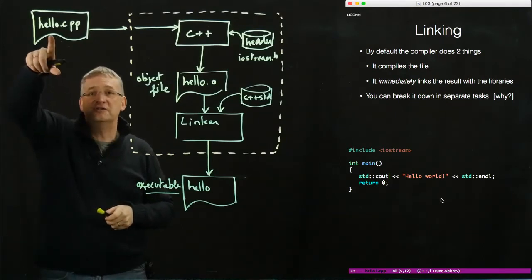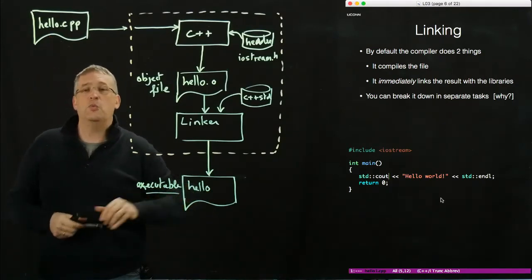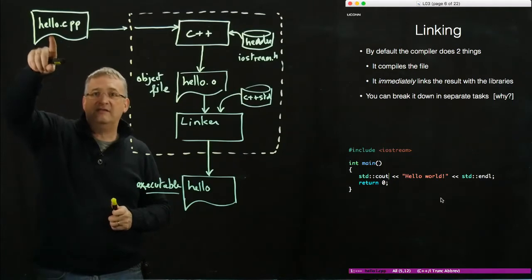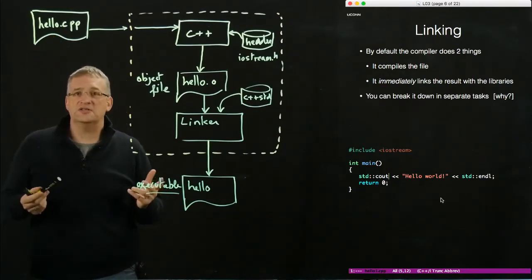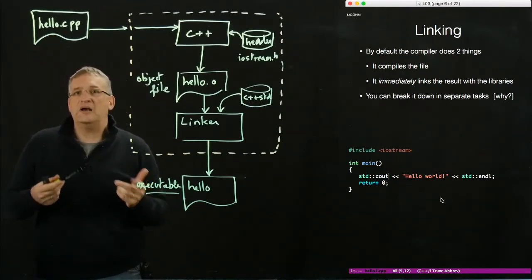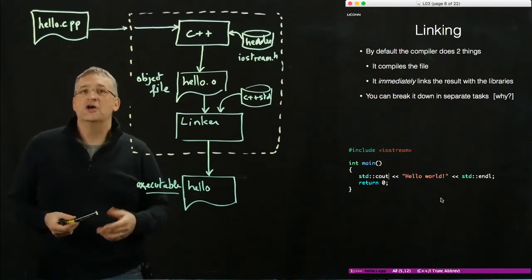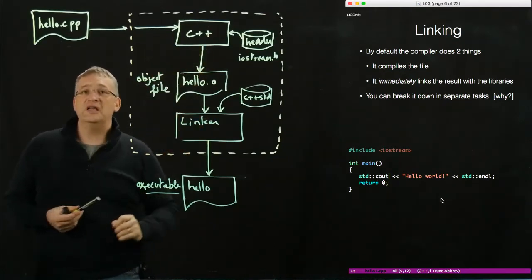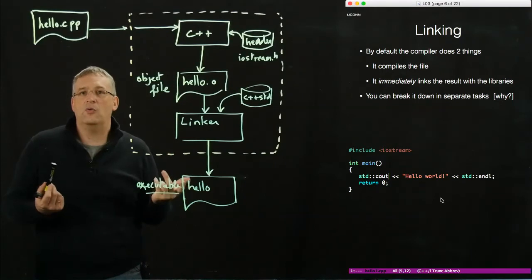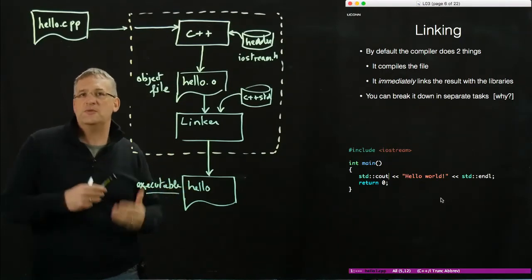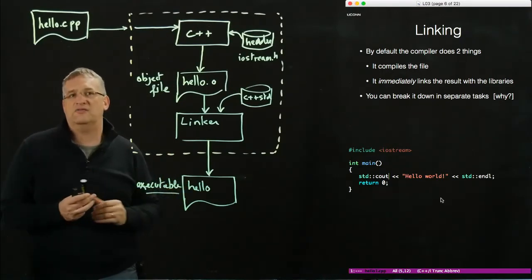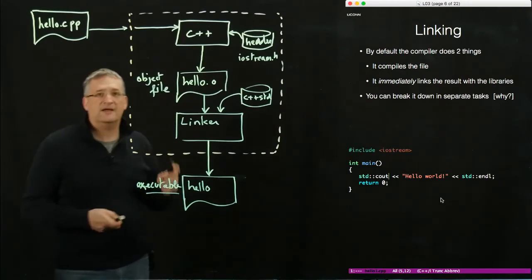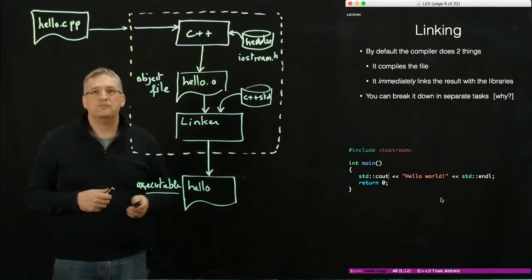Imagine that you have 1,000 files like that to produce one executable. If you edit a single file and leave the other ones untouched, you'd like to recompile only the file that has changed. So you want to recompile that and do the relinking. You don't want to recompile all 1,000 files. So you want to separate the compilation and the linking phase. That's critical, and that's what this is all about.